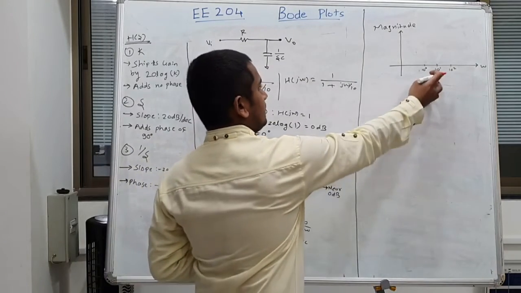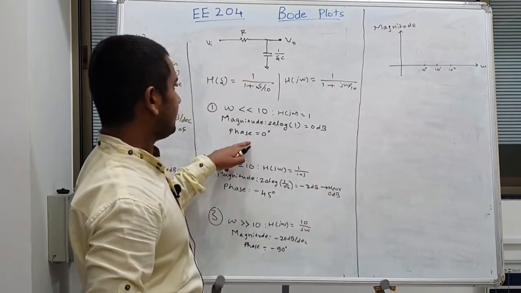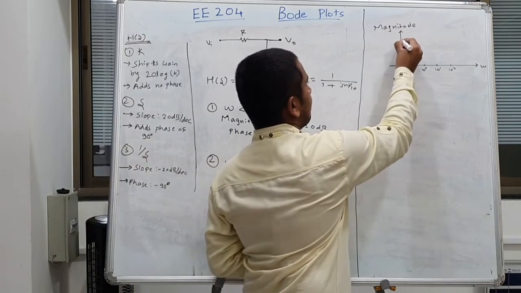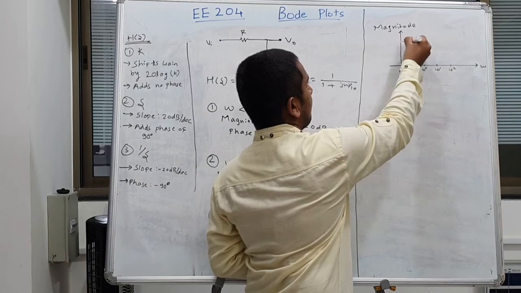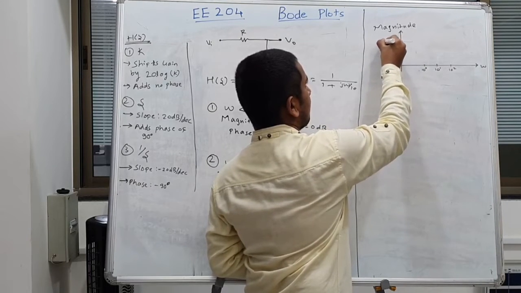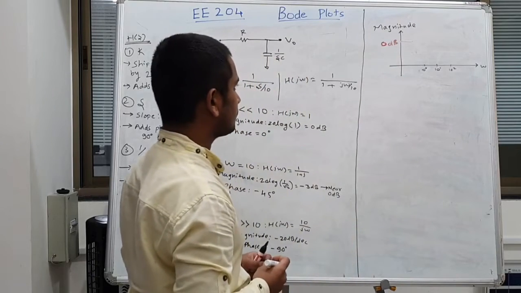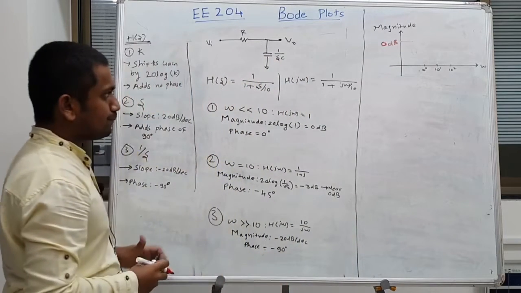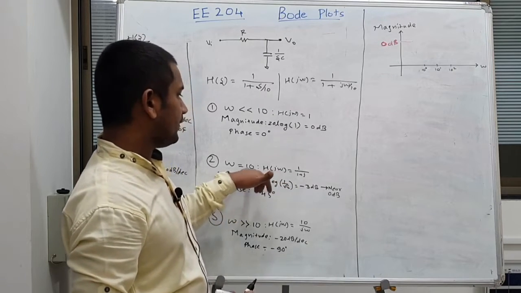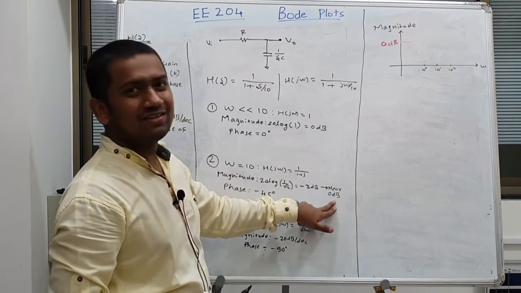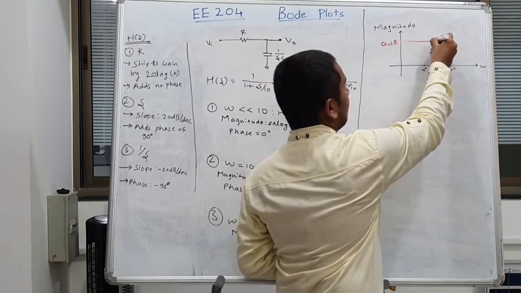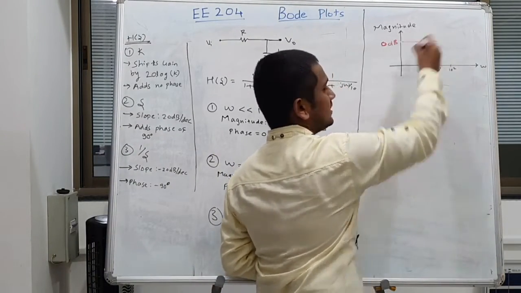At frequencies which are much smaller than 10, the magnitude is 0 dB. We are saying the magnitude does not change unless we reach a pole frequency. It stays near 0 dB. That's our first approximation for this asymptote.